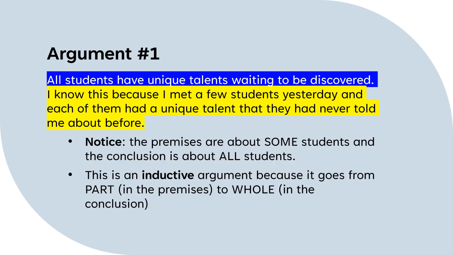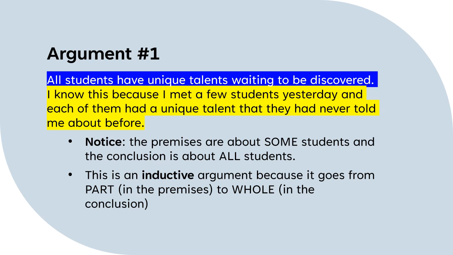That's going to make it an inductive argument. When you go from some in the premises to all in the conclusion, that's an inductive argument. When you go from part in the premises to whole in the conclusion, right? Part would be a few students, whole would be all the students.